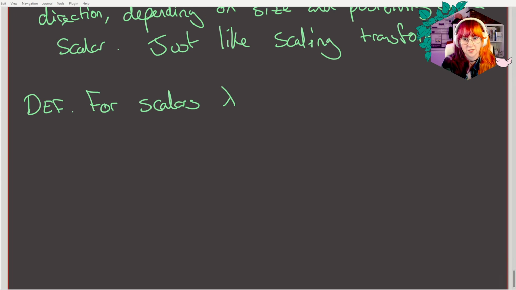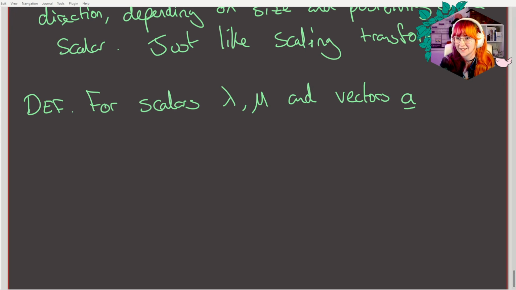So for scalars, lambda and mu, and vectors, Latin letters A, B. I will try to make sure that I underline everything that is a vector. I am sometimes bad at it, but vectors A, B, scalars lambda, mu.